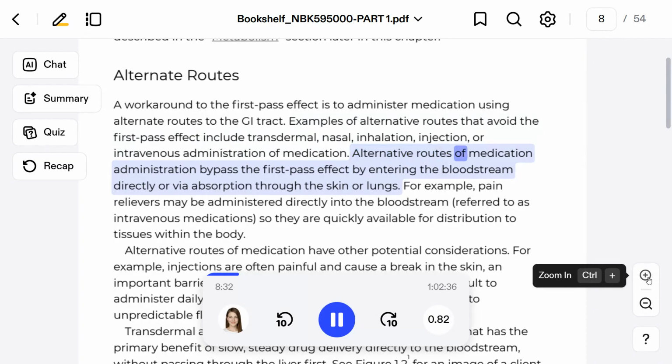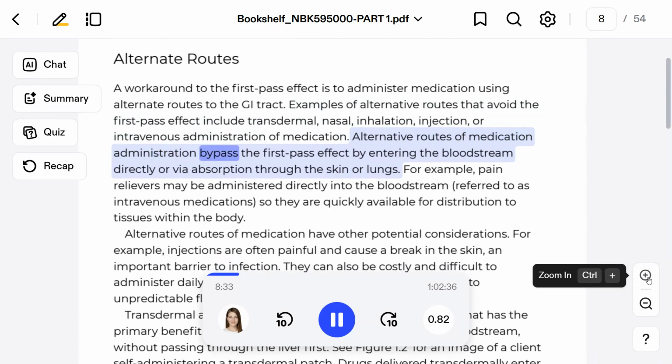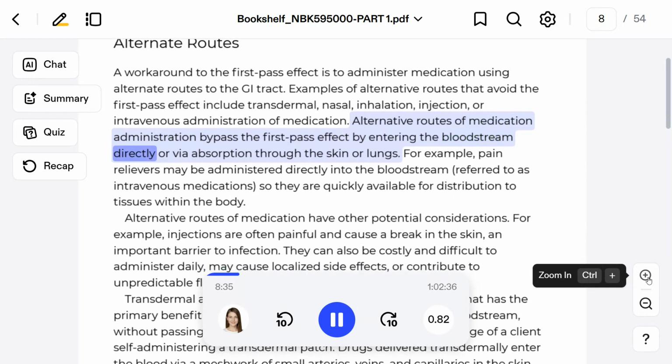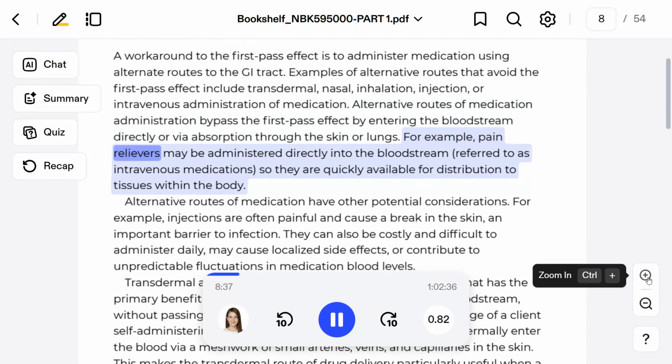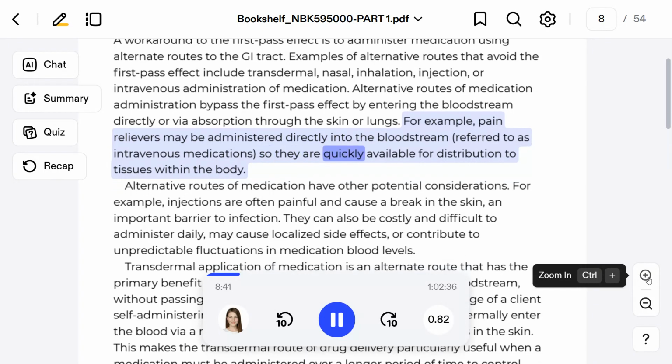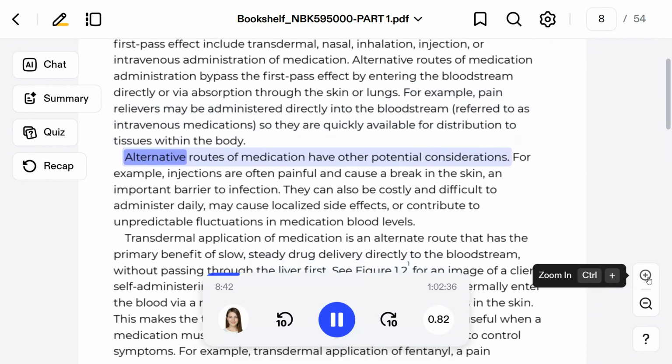Alternative routes of medication administration bypass the first pass effect by entering the bloodstream directly or via absorption through the skin or lungs. For example, pain relievers may be administered directly into the bloodstream, so they are quickly available for distribution to tissues within the body.